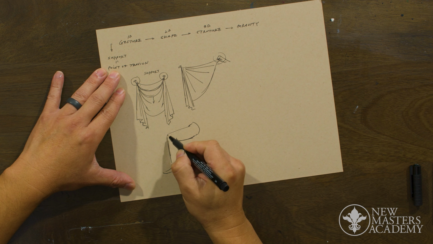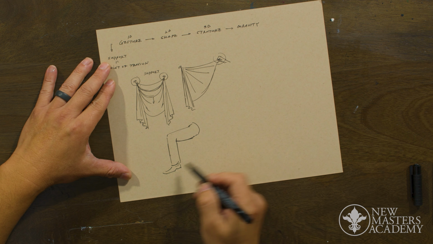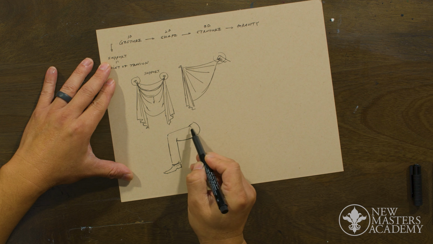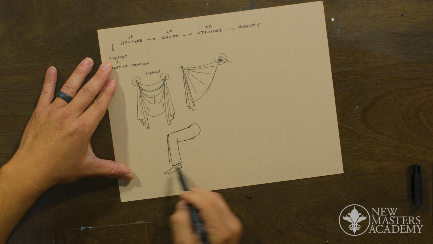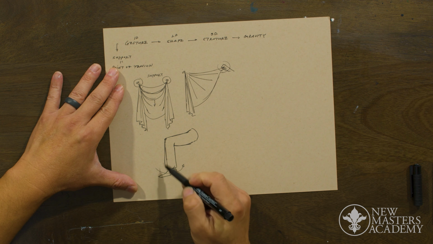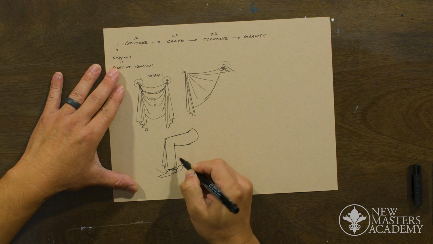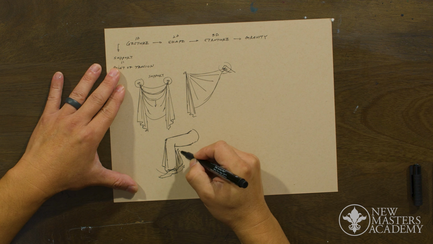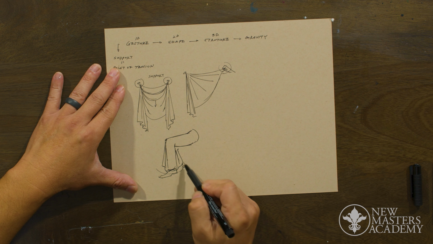If you're wearing a skirt, the skirt is going to come over here and fall, and at the end it's going to help us achieve perspective, because it's probably going to wrap behind and then go to the next shapes.